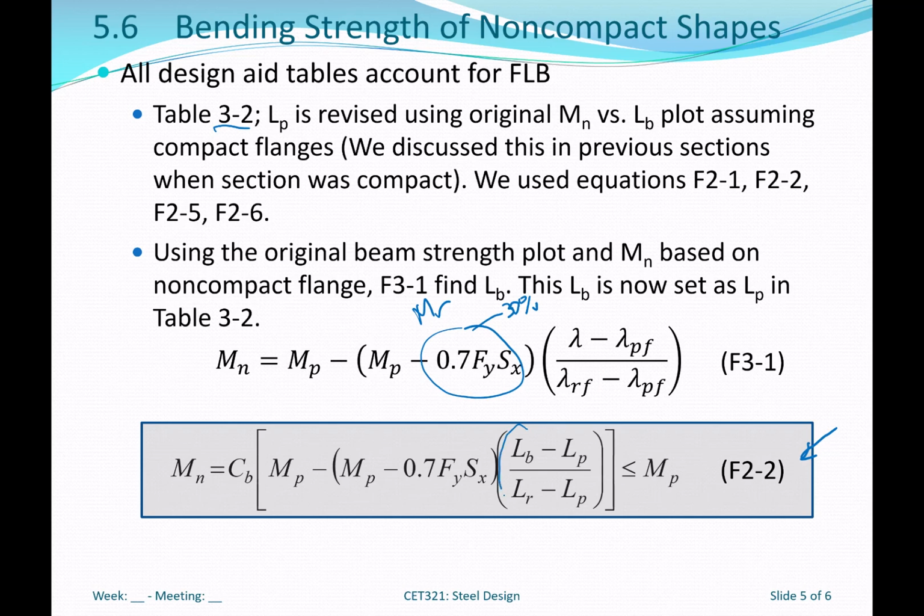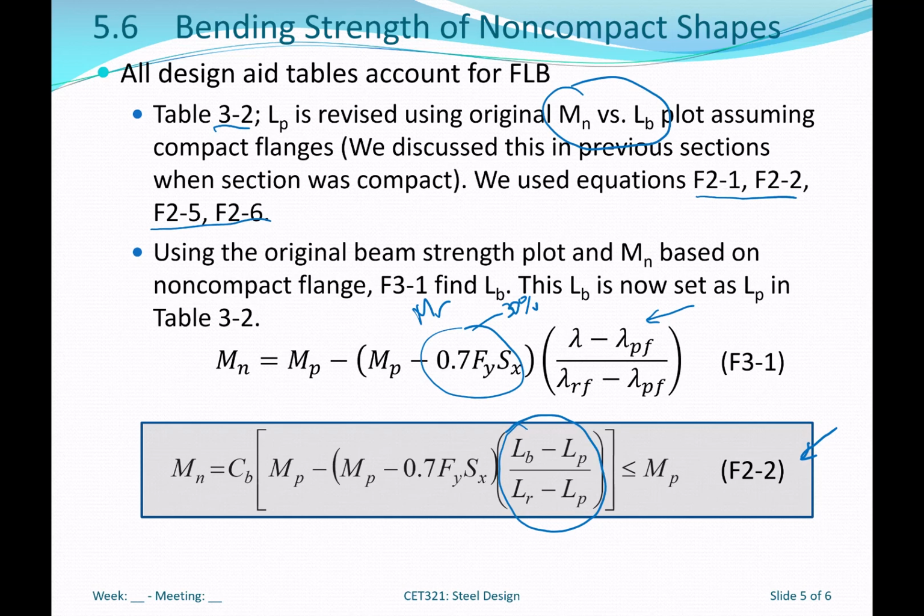Instead of using unbraced lengths, L sub B and L sub P, we're now just substituting in our lambda values, our b over t ratios, if you will, okay? So we want to discuss how that affects our nominal moment versus unbraced length plot, okay? But we're going to still use these equations that we used in F2 to develop the plot, assuming a flange is compact.